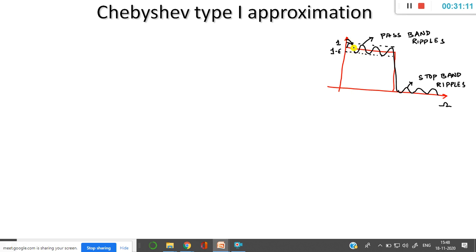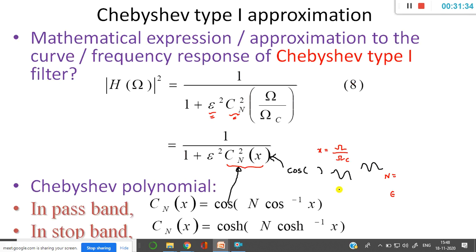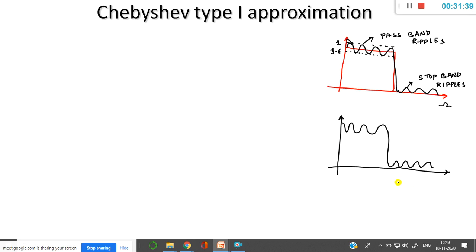The ripples are unavoidable. As I told you, either in this fashion I will be having ripples, or in this fashion, that is, how the cos value varies. So in this fashion, once again I will be having the ripples. Is it possible to avoid the ripples? No. The only way is I can avoid the ripples in either the passband or the stopband.